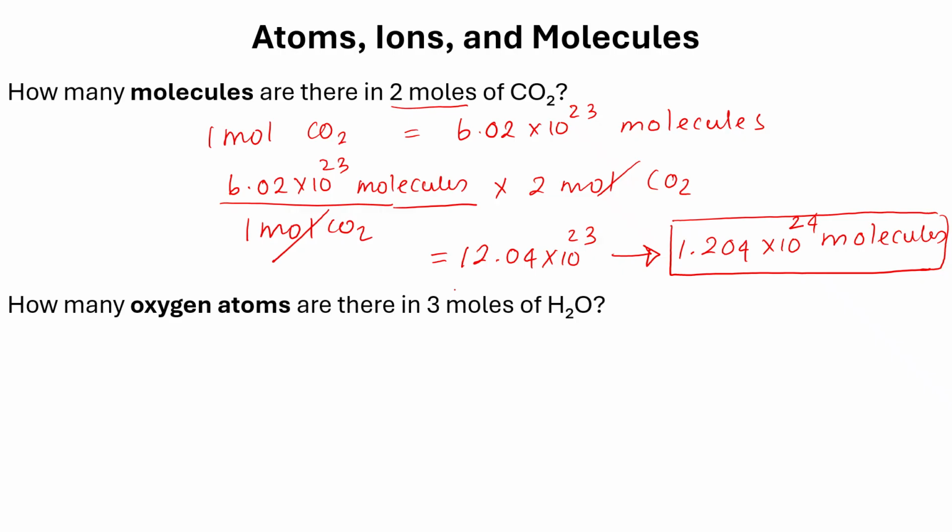Then, how many oxygen atoms are there in 3 moles of water? So if you take 1 mole of water, you have 1 mole of oxygen. Right? So that means you have 6.02 × 10^23 atoms of oxygen.